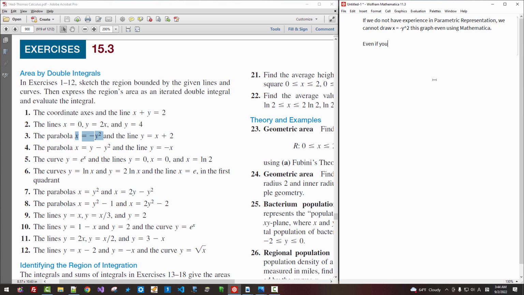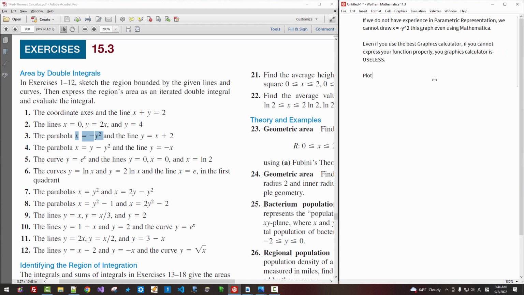Even if you use the best graphic calculator, if you cannot express your function properly, your graphics calculator is useless.